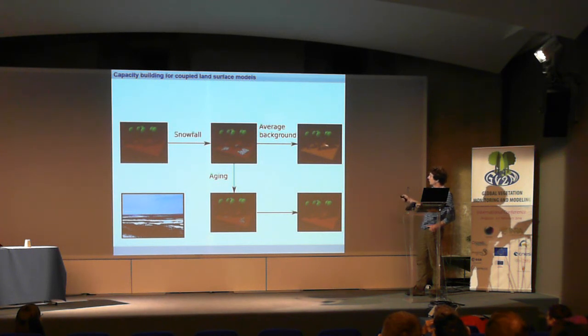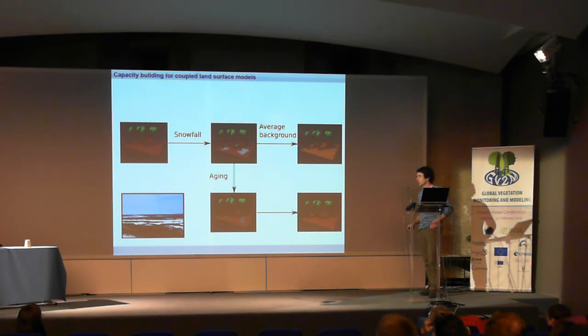So you can see that it's a lighter soil here. And then when the snow is aging, the snow itself is getting darker, so we still do the same averaging, and the background albedo increases compared to this one, and it decreases compared to that. So we think this scheme is fit to account for this type of situation, where you have bright backgrounds and dark vegetation elements.